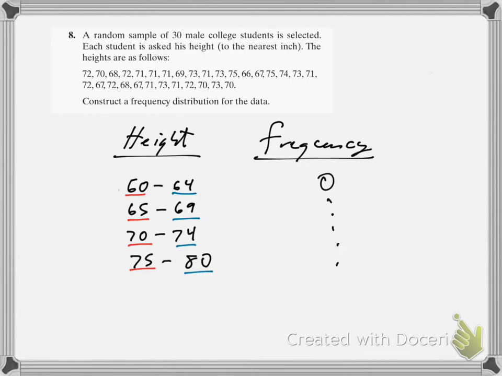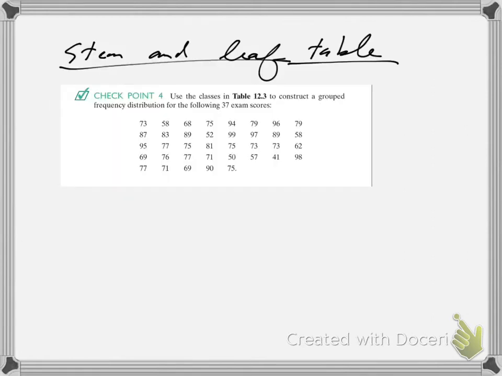Okay, now we're going to go to stem and leaf plots. We're going to do a problem we've already done, but instead of constructing a grouped frequency distribution, we're going to do a stem and leaf. And we're going to use this data.